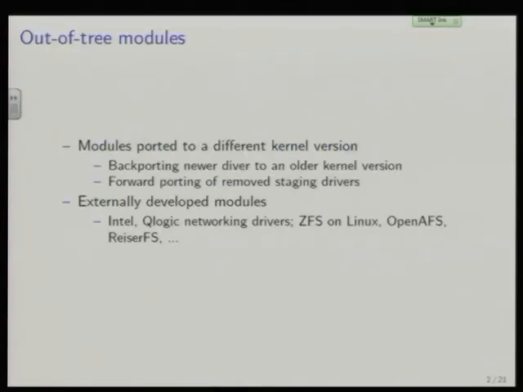Okay, what are out-of-tree kernel modules and why are they needed? So Linux has a monolithic modular architecture and supports loading of modules, pieces of code that can hook up into various places of the kernel and be used on the running kernel.